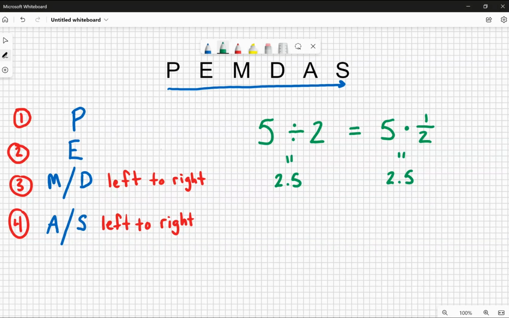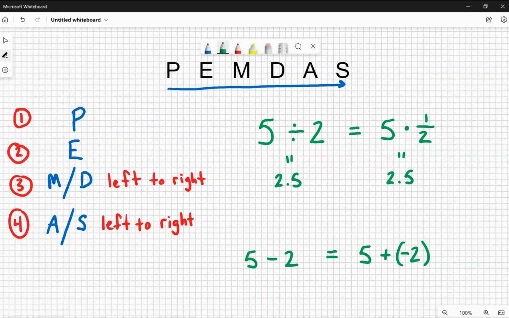It's not a necessary standalone operation because if I wanted to do 5 minus 2, I could rewrite that as an addition. Instead of 5 minus 2, that's the same as 5 plus a negative 2. So because we have fractions, every division could be written as a multiplication. And because we have negative numbers, every subtraction can be written as an addition.